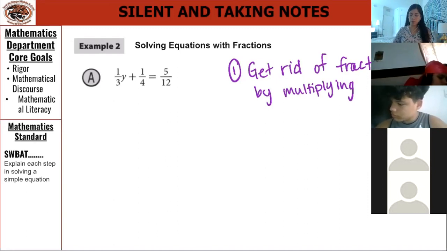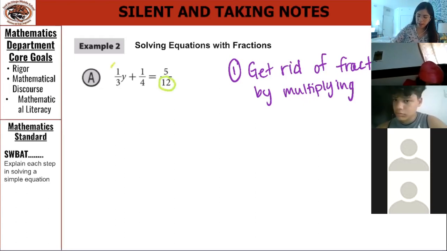When you have a problem like this with a bunch of different fractions, you're going to look for the one with the biggest denominator. So which of these has the biggest denominator? 5/12. And we're just going to highlight this 12 right here. That's your magic number. You're going to multiply everything by 12.